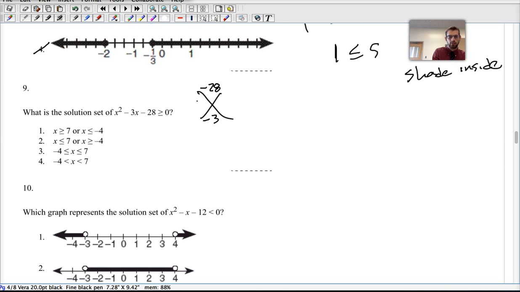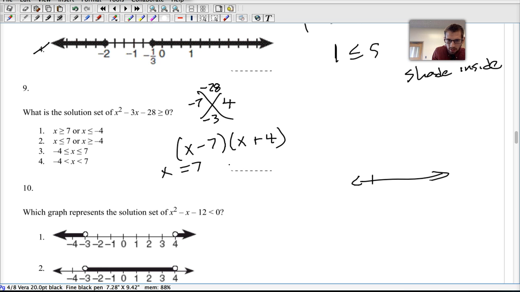So, okay, 7 and 4. 7 is going to be negative, 4 is going to be positive, so my factors are then x minus 7 and x plus 4, which means that if I'm going to make my number line here, my solutions are going to be x equals 7 and negative 4, so I've got a negative 4 here, and a 7 here. These are going to be closed circles because we've got an or equal to sign.